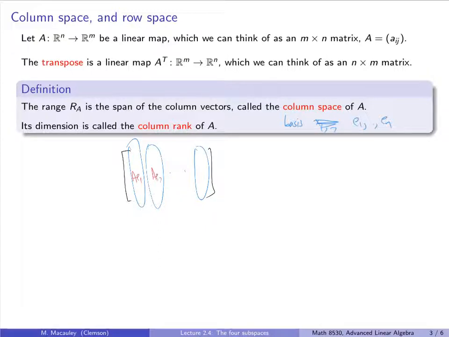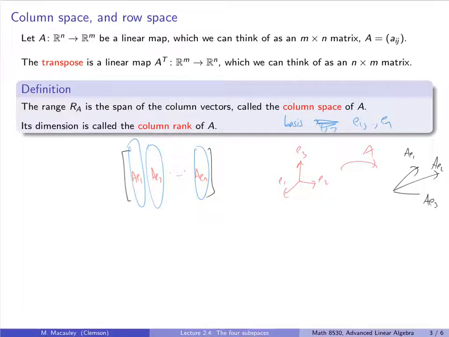AE1, AE2, AEN. We'll talk more about this in a couple of lectures when we encode linear maps with matrices. But what this means is that if we say this is E1, this is E2, and this is E3, and then we apply A, whatever we get, this is AE1, this is AE2, and maybe AE3 is here.